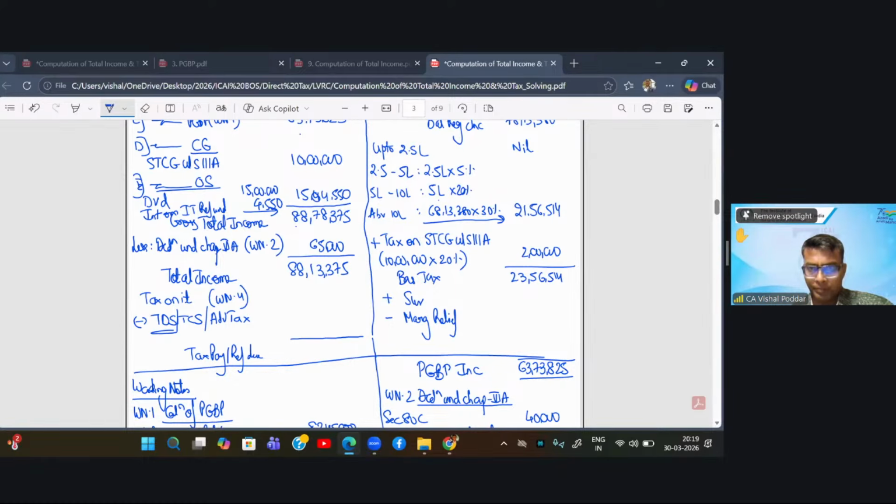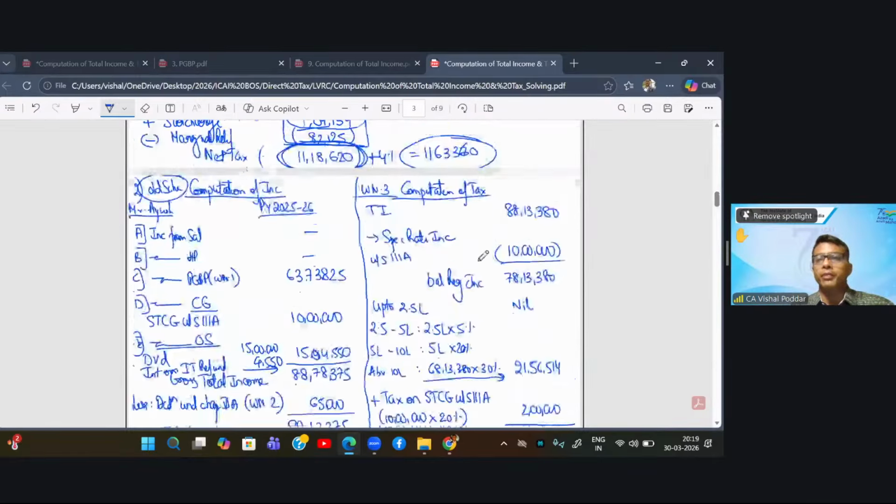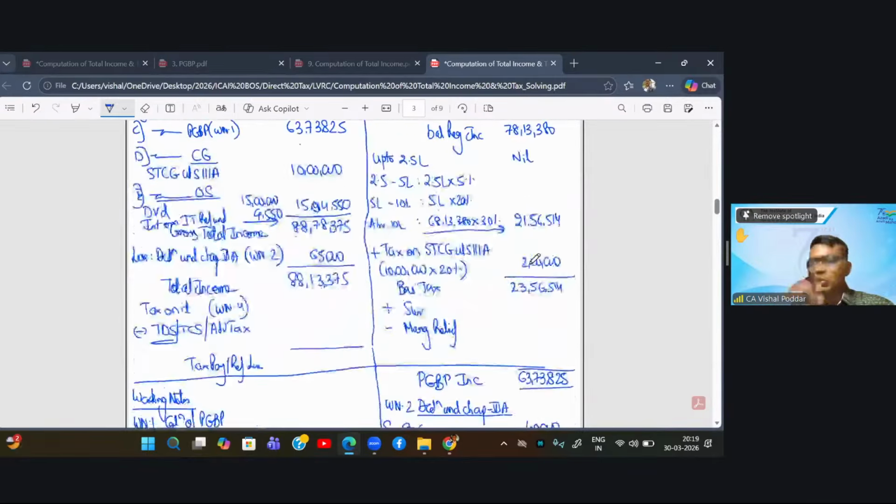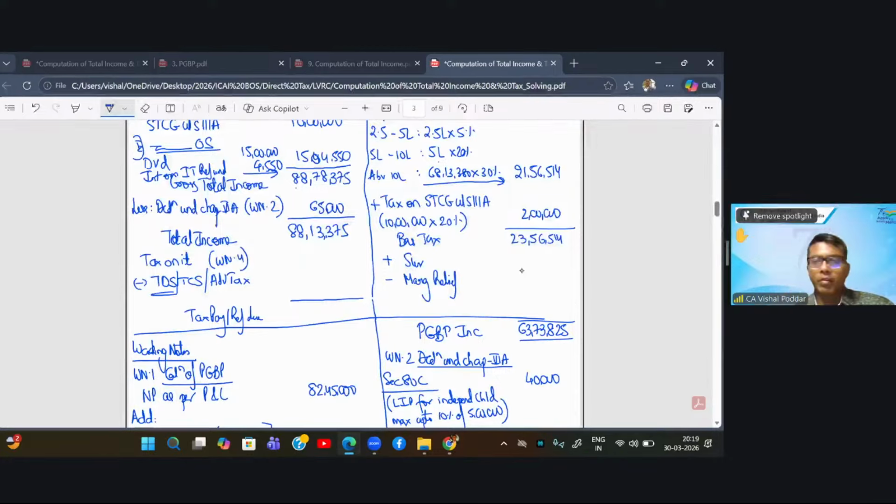Okay. Again, my income TI has exceeded 50 lakhs, but it is below 1 crore. So surcharge will be at the rate of 10%. So it will be 2,35,651, right?